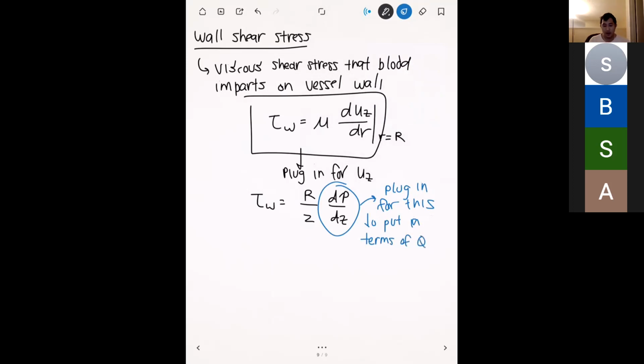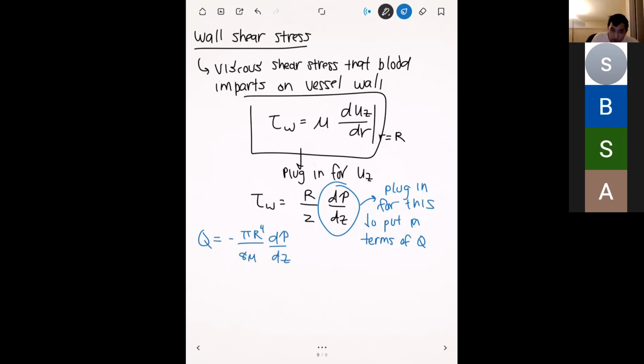Okay. And so if you remember, this was the very first equation that we started with today. So that's kind of why I reminded you of that. Okay. And so just to refresh your memory, we have Q is equal to minus pi r to the 4th over 8 mu times dp dz. Okay.